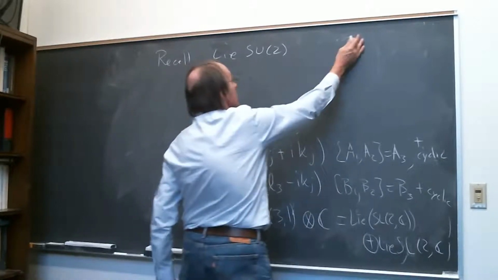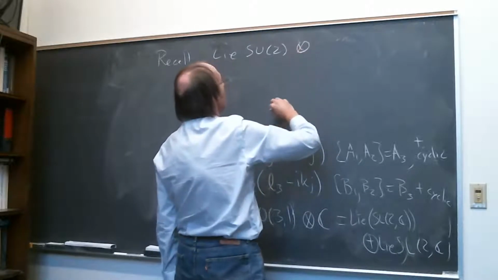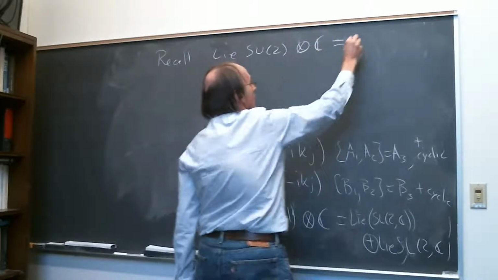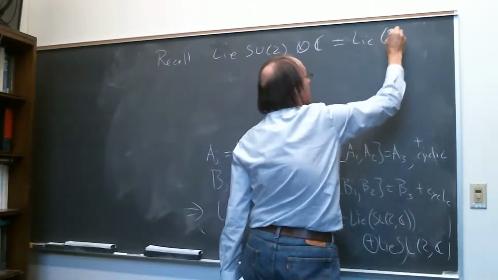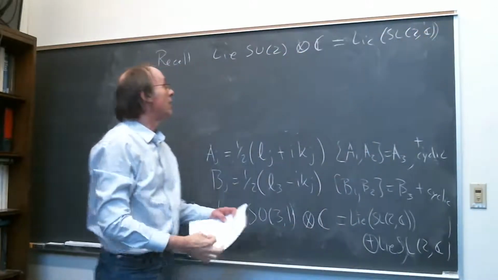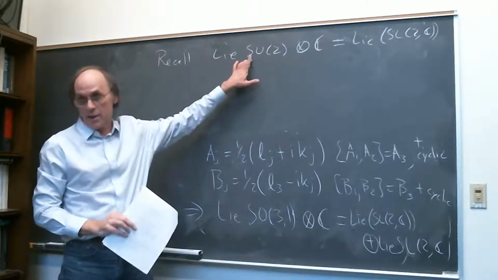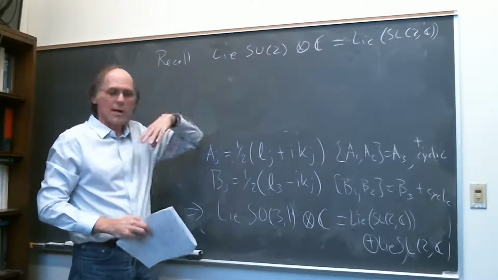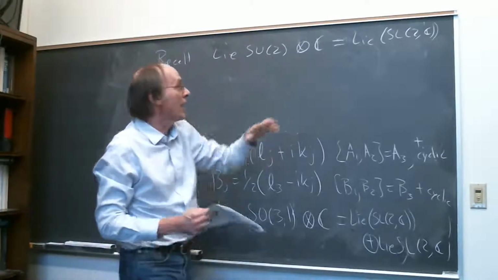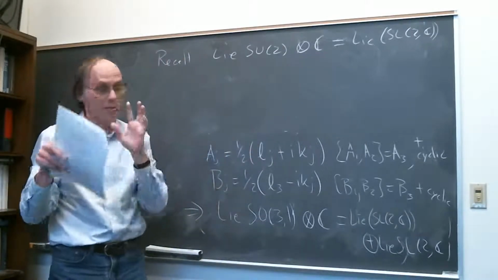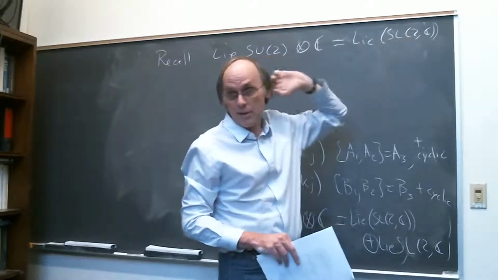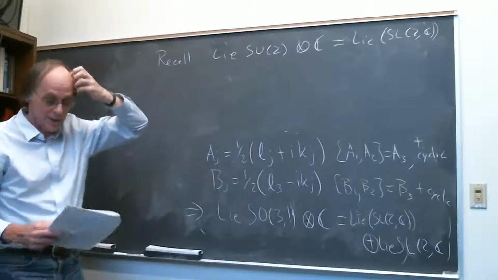If I complexify that, I also get the Hermitian ones, and I get the Lie algebra of SL2C, which is all 2x2 complex matrices. It's tricky.